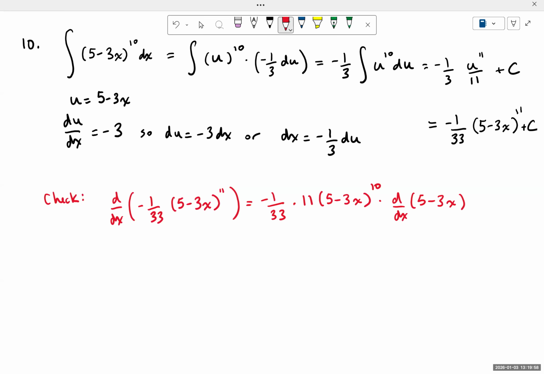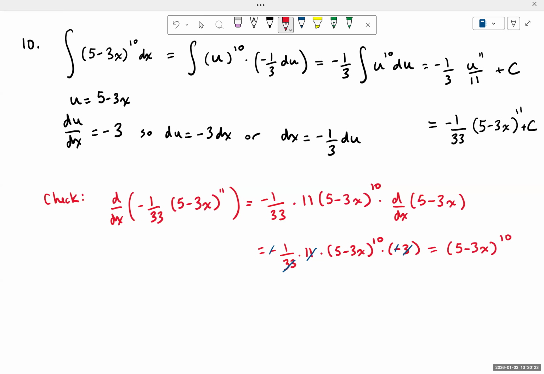See, there you go. So then what happens? This is just going to be a minus 3. So this and that and that and that cancel, and I end up with precisely what I wanted, which was that.